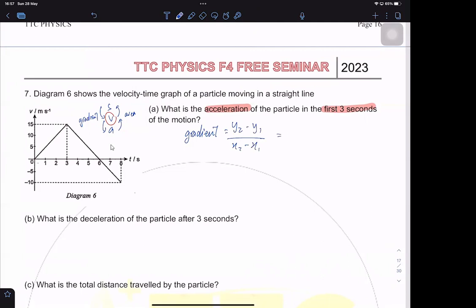So y2, you can put 15 minus 0. x2, 3 minus 0. So 15 divided by 3, 5. And because it's an acceleration, that's how I know the units is ms^-2. Acceleration is 5.